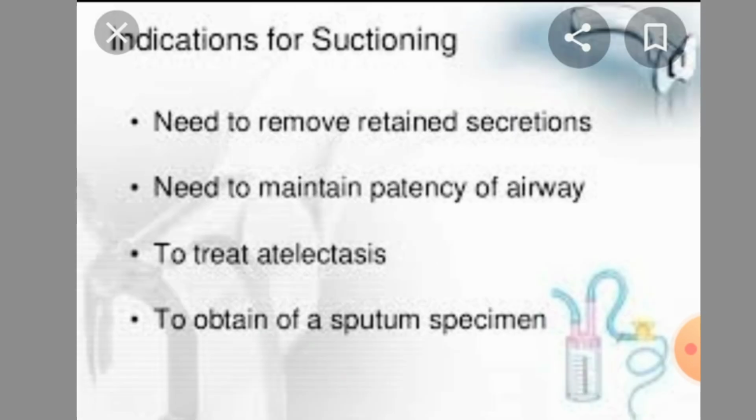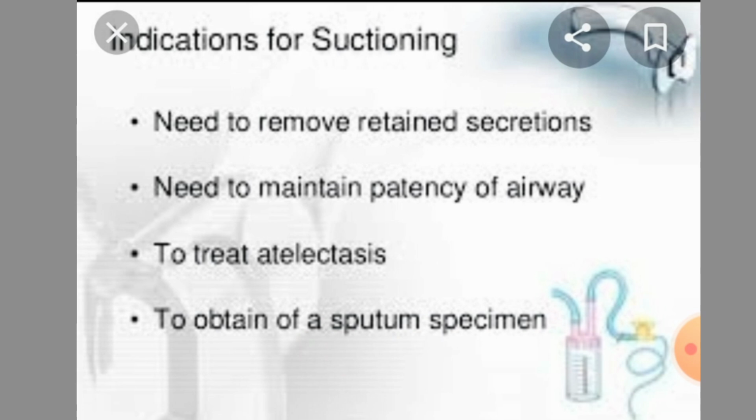Next, the indications for suctioning. What are the indications? Need to remove retained secretion, that means any secretion inside the body we can remove. Next, need to maintain patency of the airway, that means we have to keep the respiratory pathway clear. To treat atelectasis, that means any congestion, we have to remove from the respiratory tract.